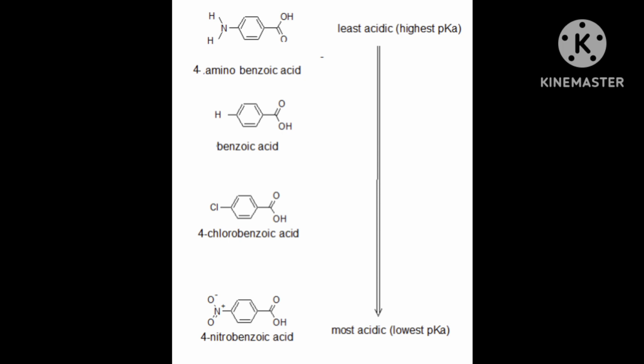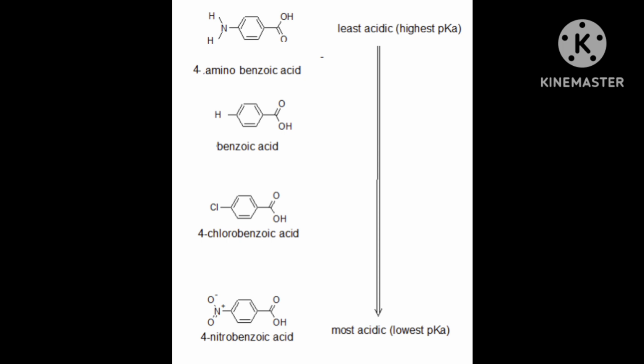Then that R plus will come to the O negative of carboxylic acid, because H gone as H plus. Then O minus is remaining. Then with this O minus, R will join.